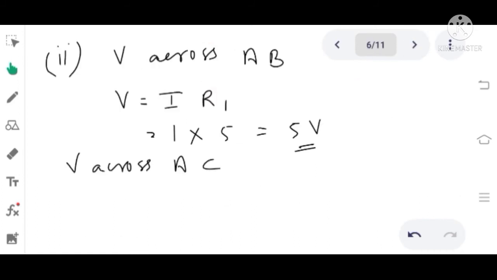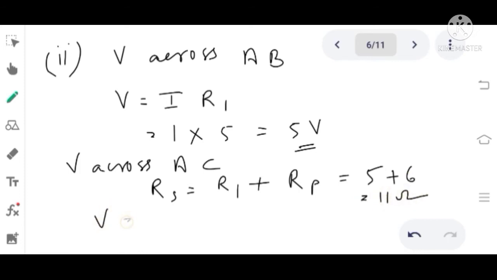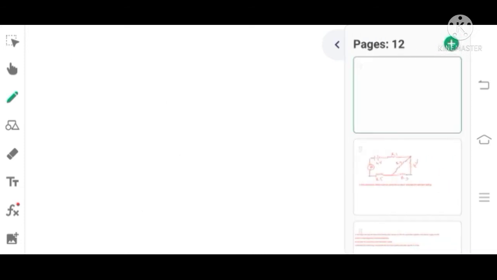So let us first find out the equivalent resistance between the points A and C, which is R1 plus RP, the parallel combination, which is 5 plus 6, 11 ohms. So once you get the equivalent resistance, you can just substitute V is equal to IR. Current is 1 and R is 11. So 11 volts.